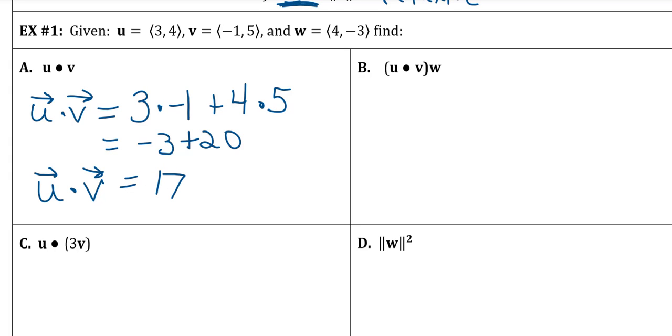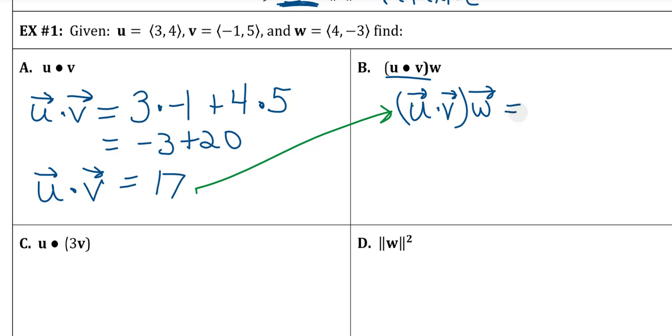Okay, so for letter B now, we have u dot v again, but now we're multiplying it times w. Since we already have the answer to u dot v, we're just going to bring that over. So (u dot v) times w is going to equal 17 times <4, -3>. So now we just have a scalar multiplication.